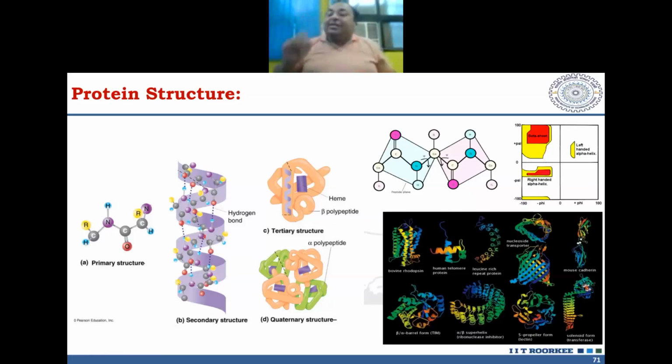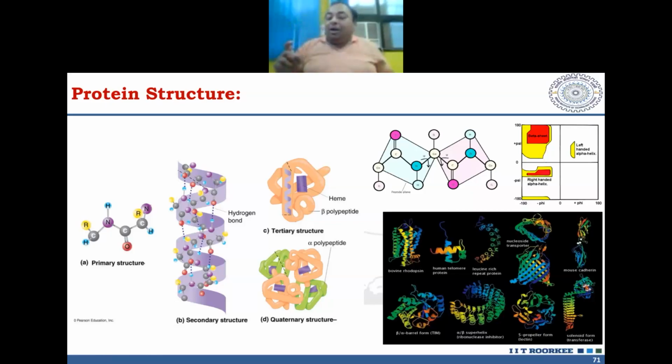So he made a plot of phi minus 180 to plus 180, psi minus 180 to plus 180, and plotted the allowance of these phi and psi angles in a peptide bond.